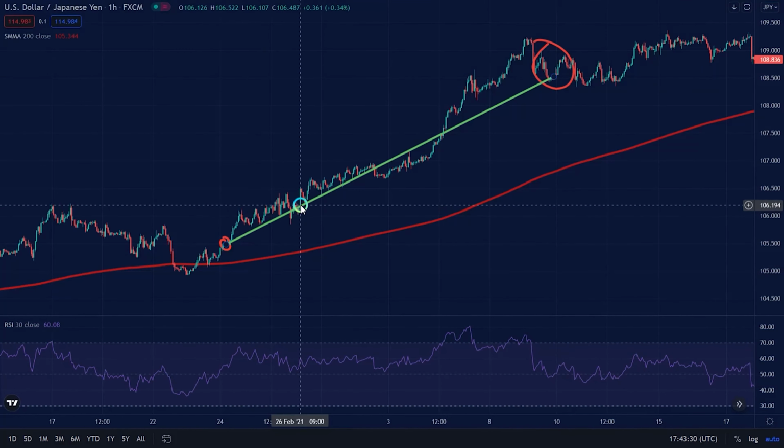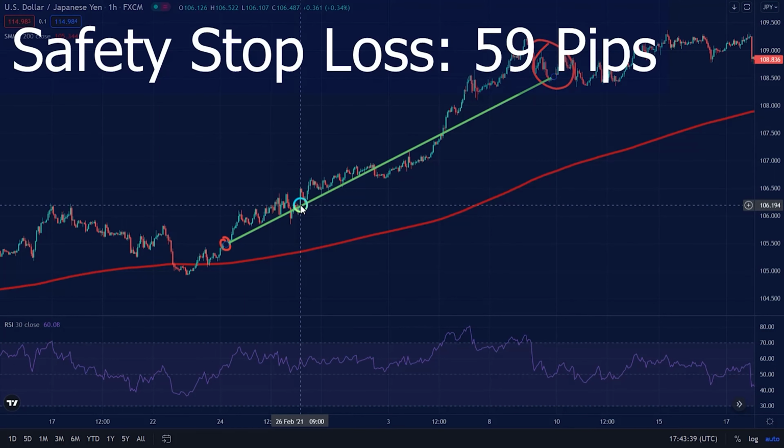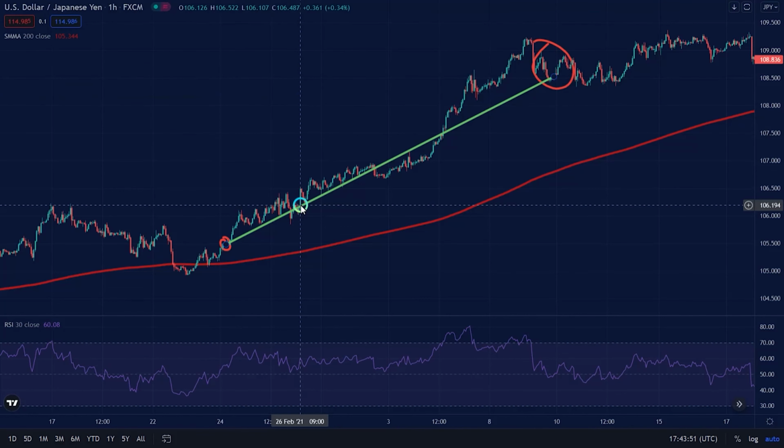Until that point, you shouldn't look at the markets anyway, because you will create a safety stop loss at the beginning, a safety stop loss that will be 59 pips, and the market will either hit your safety stop loss, that is highly unlikely, but your deposits are secured, or it hasn't passed the 500 minutes mark yet. And after 500 minutes, you can start to look for the dynamic exit, which is this crossover.